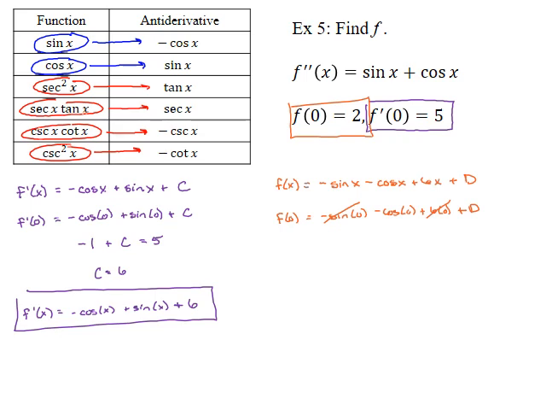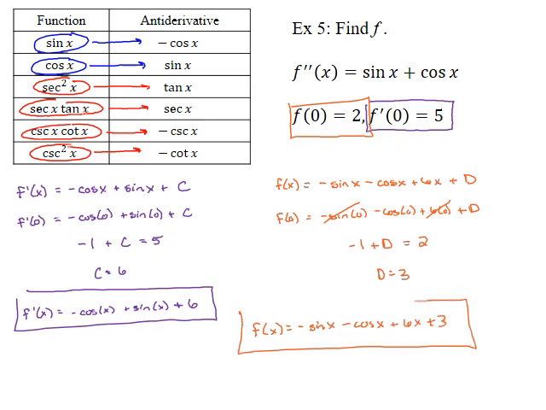Just like the last one, negative cosine of 0 is negative 1, plus the value of d has to equal your value of 2 from the orange box. So adding 1 to both sides says that d has to equal 3, and you can now write your final answer. f of x is going to be negative sine of x minus cosine of x plus 6x plus 3. This is the function based on the information given.